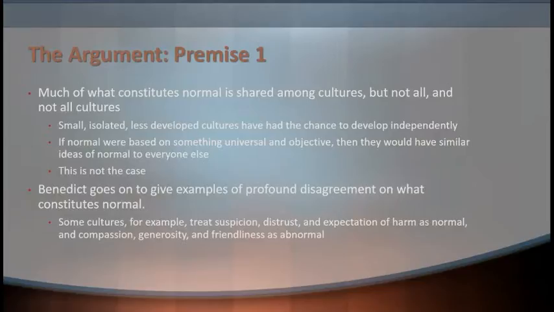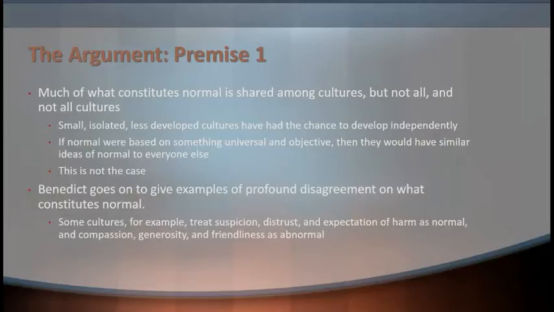It turns out that there is actually profound disagreement about what constitutes normal, especially in situations where the society is isolated or less developed or doesn't communicate and share its ideas with the outside world. Therefore, we can say that there actually is some real disagreement here, and Benedict gives us a lot of examples of this.